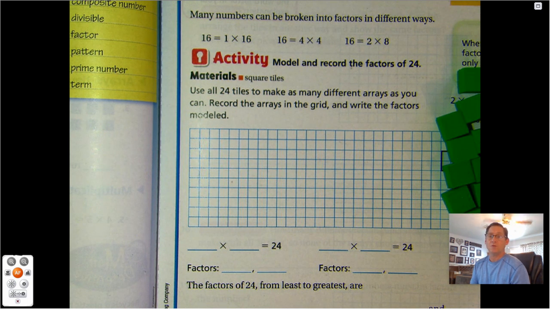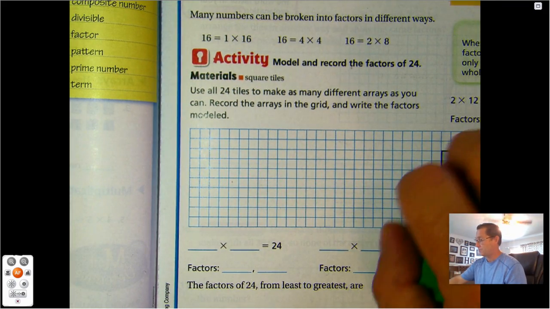We're going to use all 24 tiles to make as many different arrays as you can. You'll remember from third grade, an array is something that has the same number of objects in each row. So if I say a 3 by 8, that means I have 3 rows of 8. So we're going to do 24, and we're going to put them in as many different ways as we can.